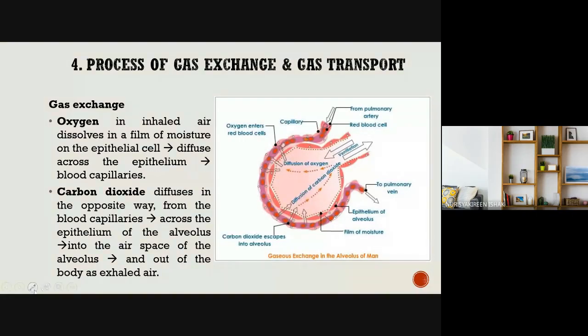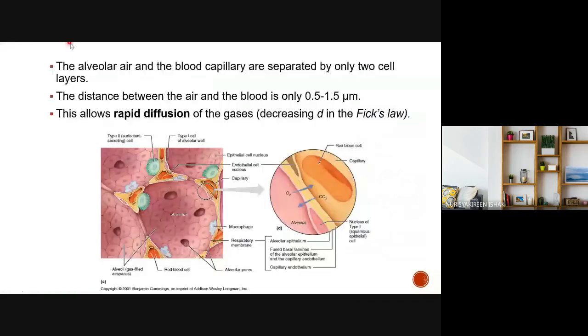Okay. So next. Okay, it says here the alveolar air and the blood capillaries are separated by only two cell layers. Okay, two cell layers, satu daripada wall of the alveolus, satu lagi daripada wall of blood capillaries. So that's why it says here separated by two cell layers.